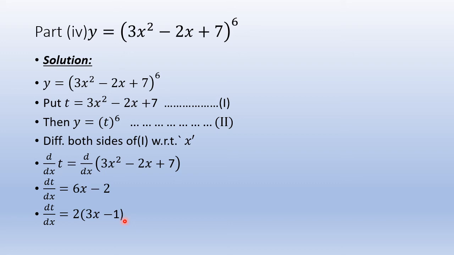Now we go for the next step, which is to differentiate both sides of 2 with respect to t. So we get a d by dt here and a d by dt there. What is the result? d/dt of y is equal to d/dt of t⁶.